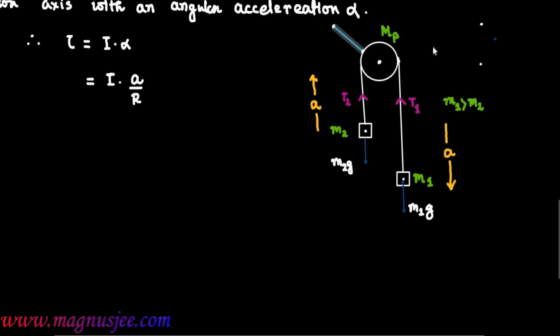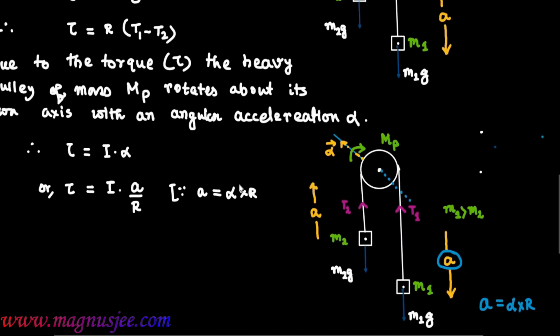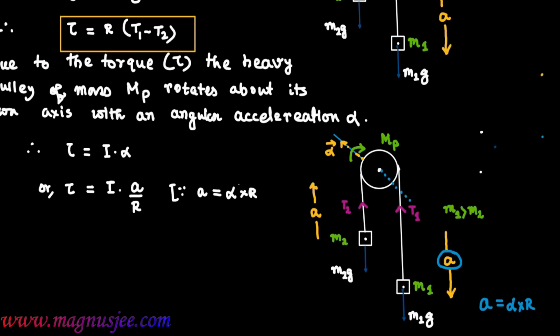Since we know that tangential acceleration a equals alpha times r, where alpha is the angular acceleration, we get tau as r times (T1 minus T2), and also tau as I a by r.